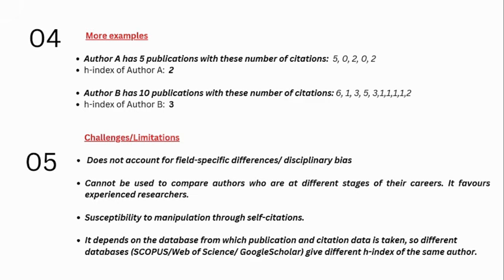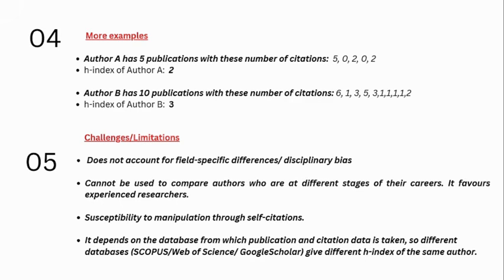Now these indices, particularly H index, have various challenges and limitations because it does not account for field specific differences or disciplinary bias, because we know that applied sciences have a natural tendency of receiving more citations because they have a larger target audience.